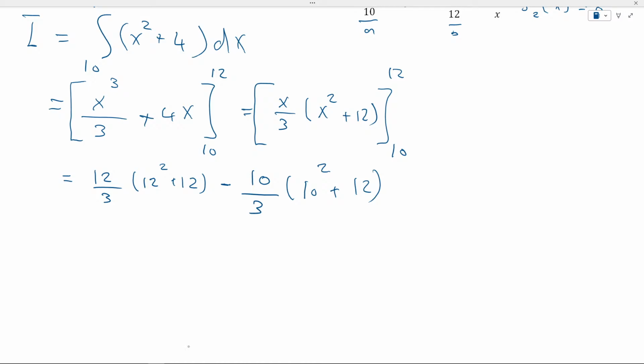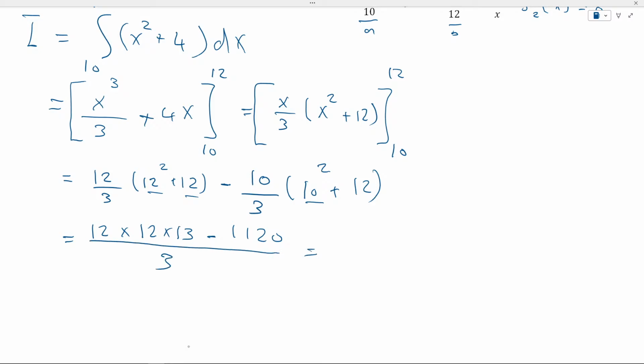So I can simplify this a little bit. This plus this, that's what? That is 12 times 12 times 13. I'm just doing some simple algebra here. And then here, this is 100 plus 12, this is 112 times 10, this is 120. And I can take this 3 as a common factor, divided by 3.